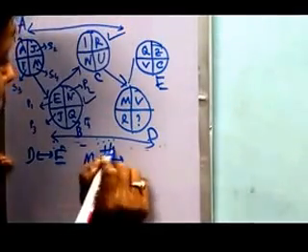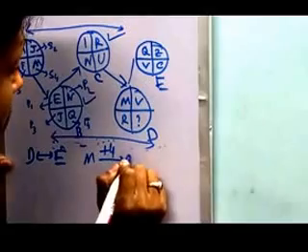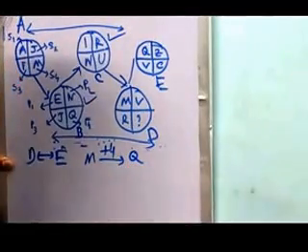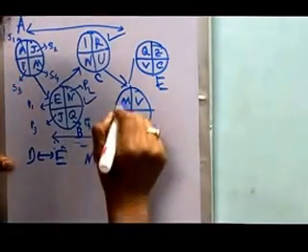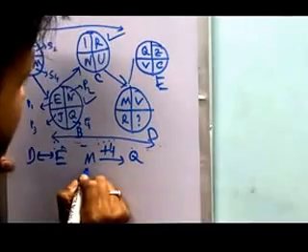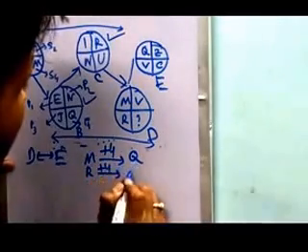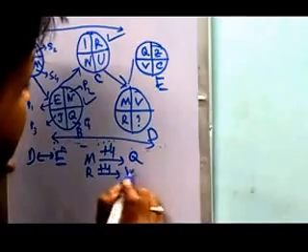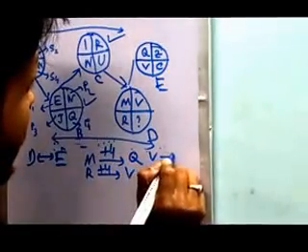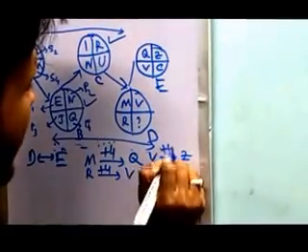If we move 4 steps forward from M, we get the letter Q. Similarly, if we move 4 steps forward from R, we get V. V to Z is also 4 steps forward.